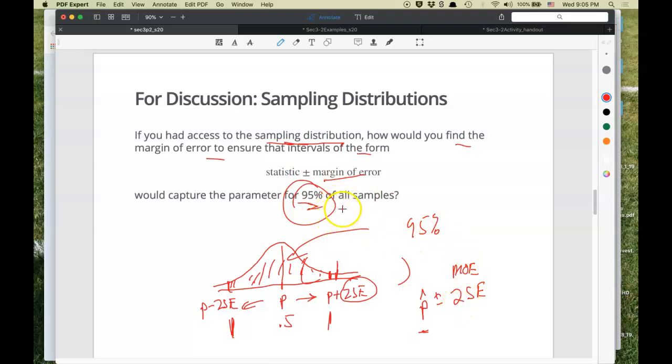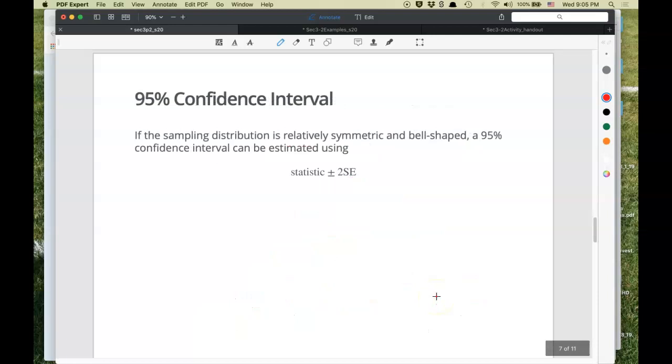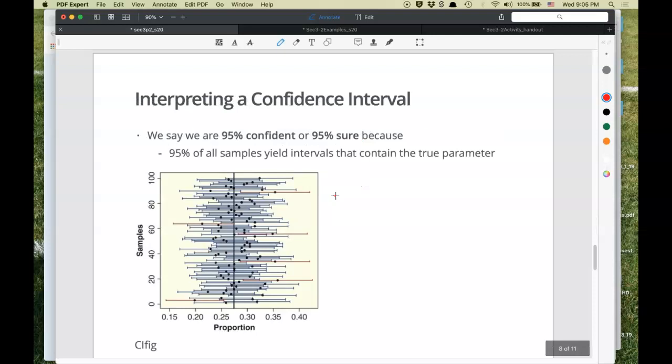We'll see later that other values of confidence are going to correspond to different multipliers, but 2 will correspond to 95%. So if it's symmetric and bell-shaped, a 95% confidence interval is computed in the way that I was just showing you. All right? So here's the picture really that we were just looking at.